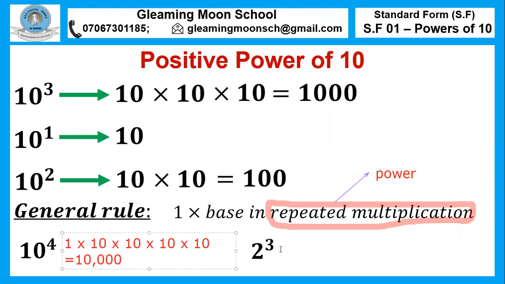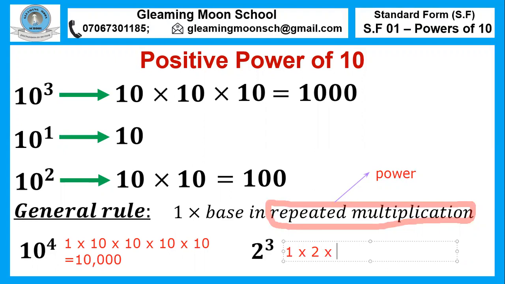Okay, now let's have a look at this one. So this is 2 raised to the power of 3. So we are starting from 1 and multiply. Repeated multiplication of the base. What is the base in this number now? The base is 2. Okay, and what does the power say? The power says 3. So the repeated multiplication is going to be 2 times itself 3 times.